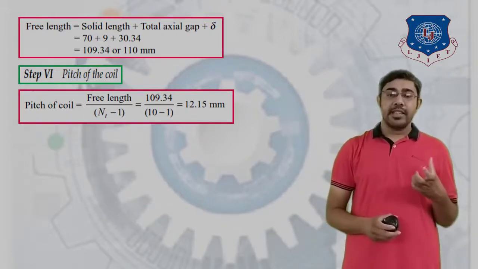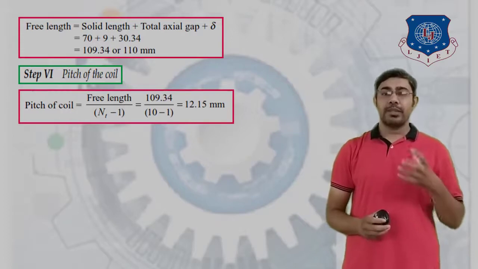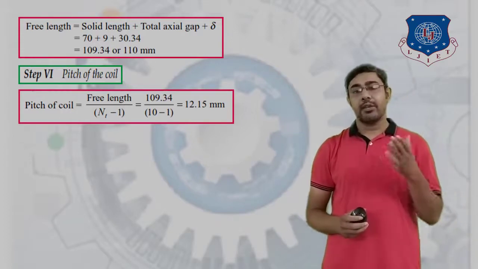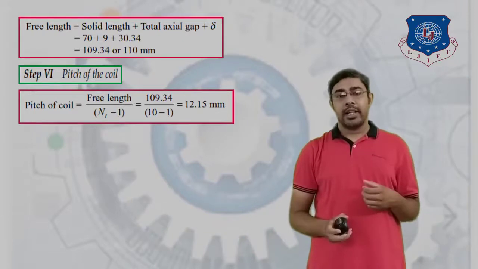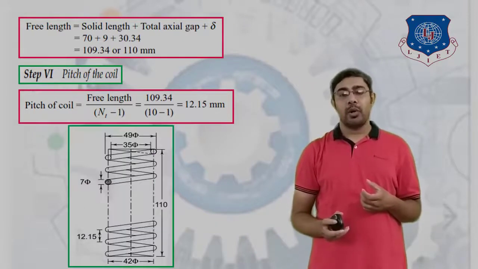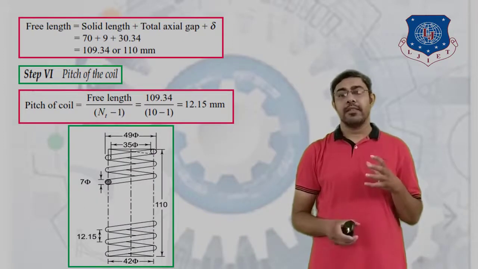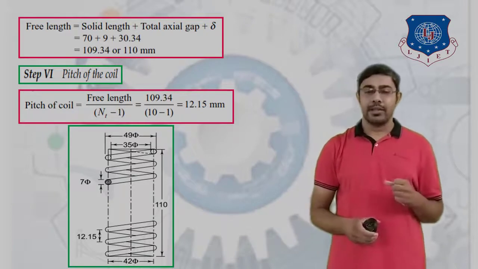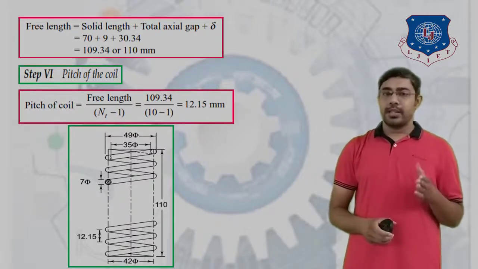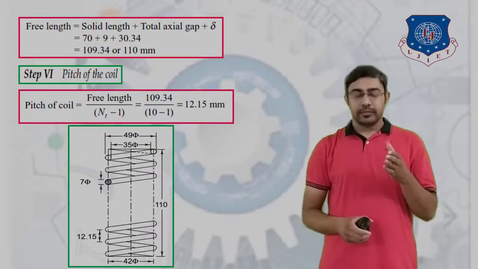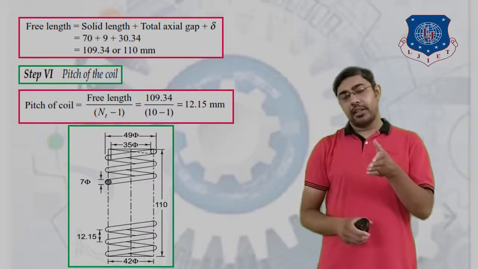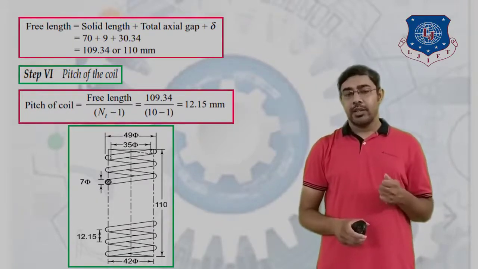Now next we have to draw the spring diagram according to our calculated answers. We have to plot at the end the spring with our calculated dimensions. Here you can see the spring with the dimensions we calculated.